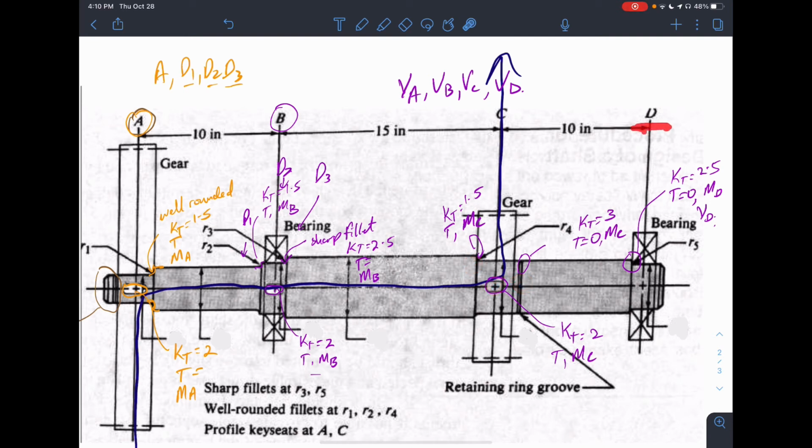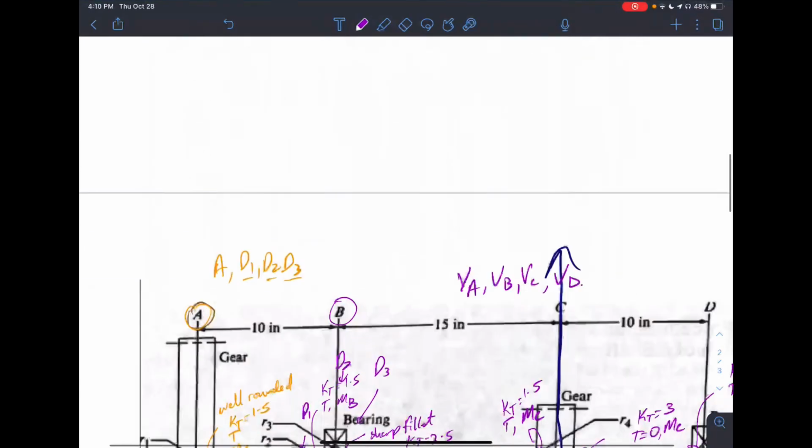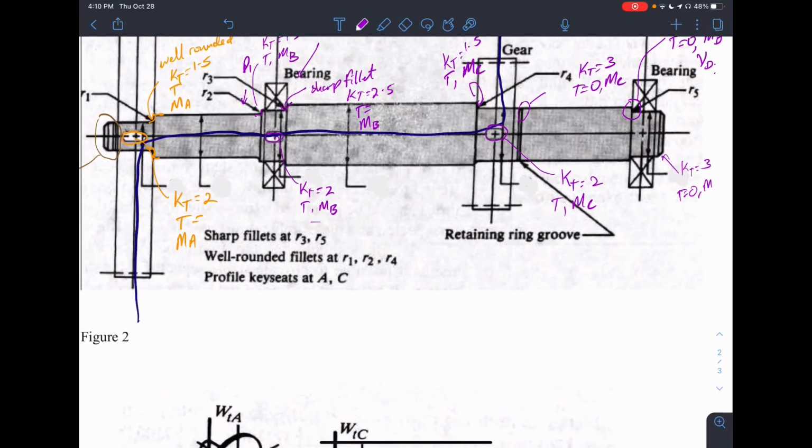And then for point D on the shaft, 2 regions, 1 and 2, due to the circlip. Right, the circlip, I did not write it in here. The circlip KT will be 3, torque is 0, we have MD, and then we have VD.